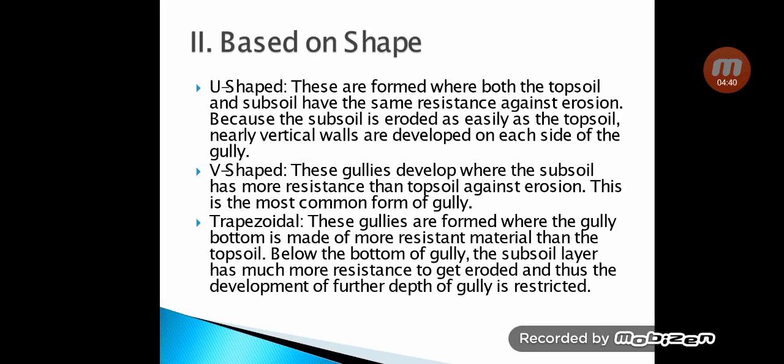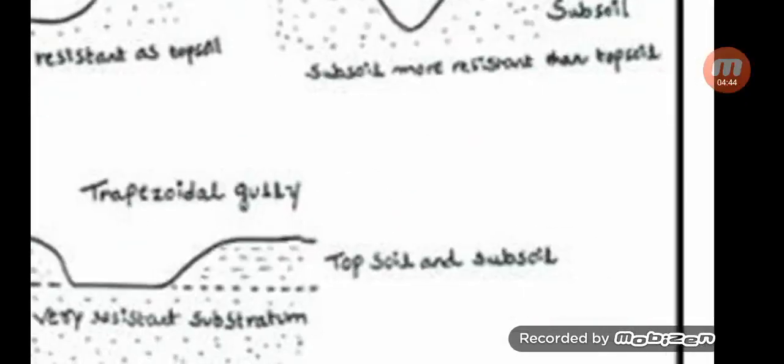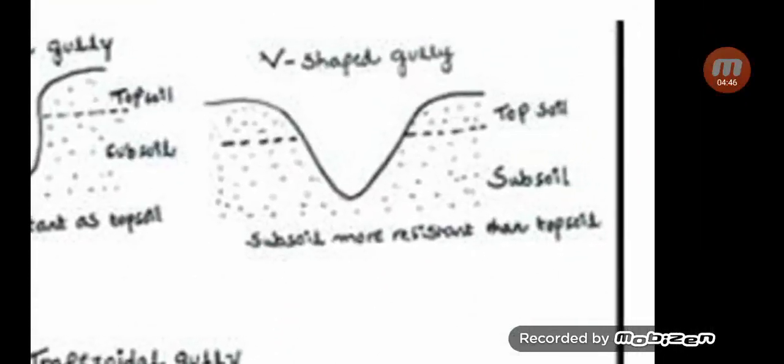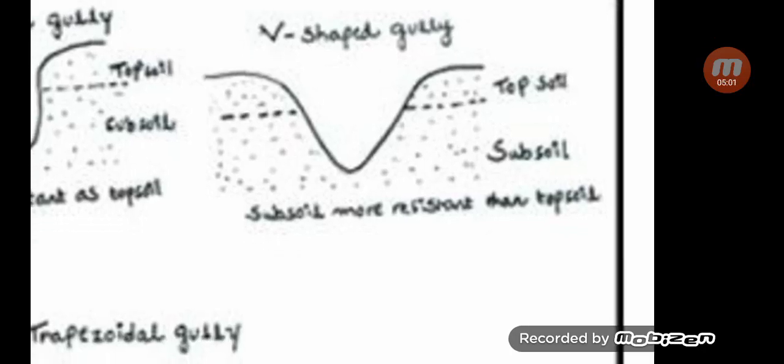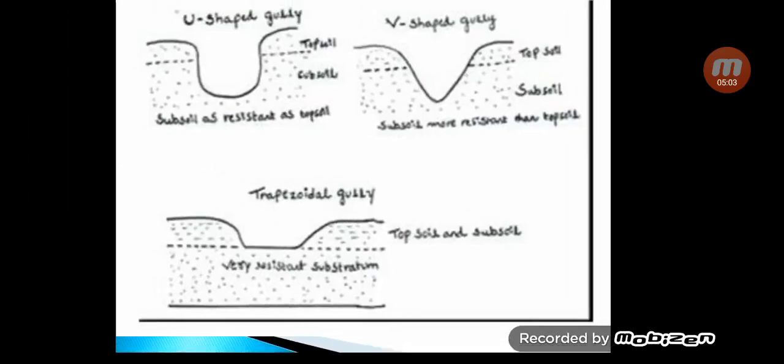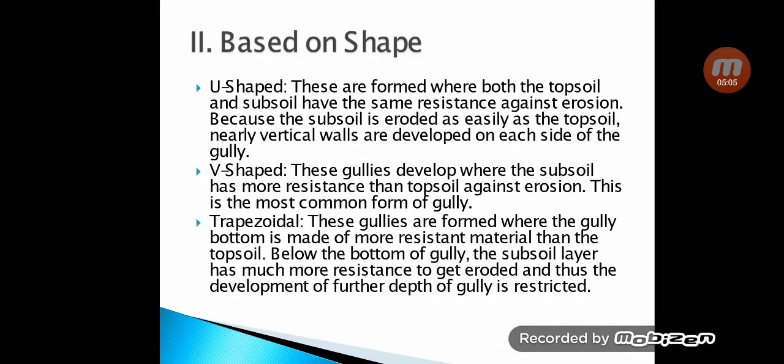On the contrary, in V-shaped gullies the subsoils are more resistant than the topsoil. That means the subsoil has high resistance to erosion as compared to the topsoil. As a result, the topsoil gets eroded more than the subsoil. You can see that's why this V-shaped gully is formed.